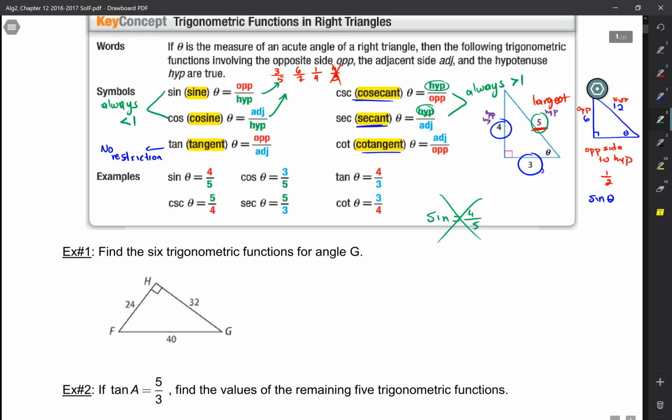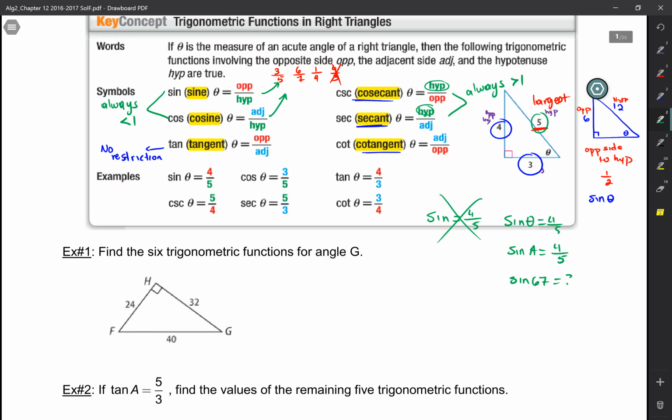It's never like that. What did I miss? It's sine of an angle. So it's always got to be sine of theta is equal to 4 over 5. Sine of A is equal to 4 over 5. Sine of 67 is equal to something. All right? It's never just sine or cosine equals something else. All right? Never. I will take points out for that.